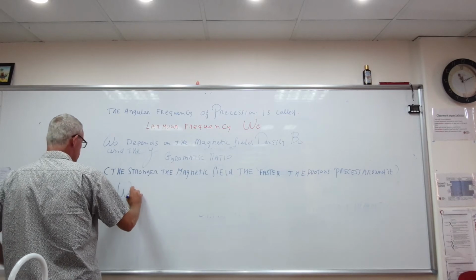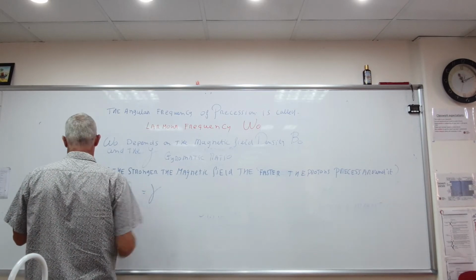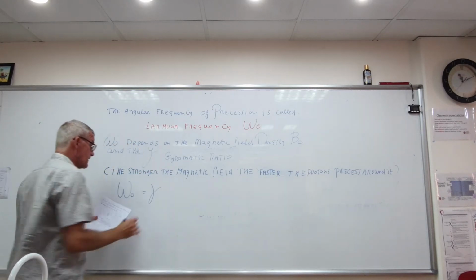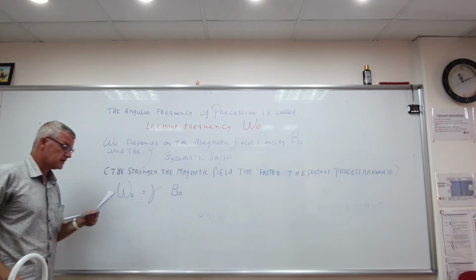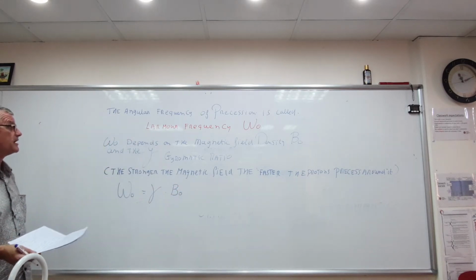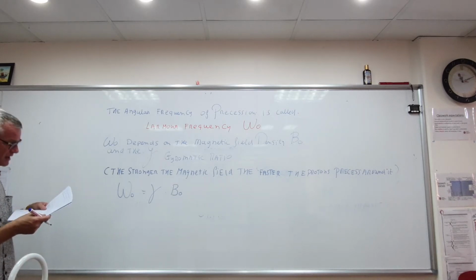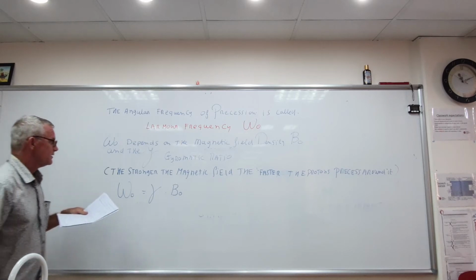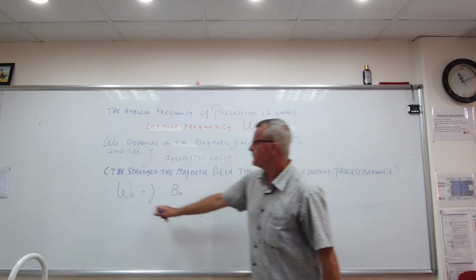So omega equals the gyromagnetic ratio times the magnetic field, or magnetic flux. That's magnetic field density. The Larmor frequency, we see that already.